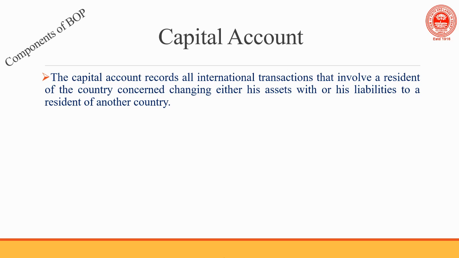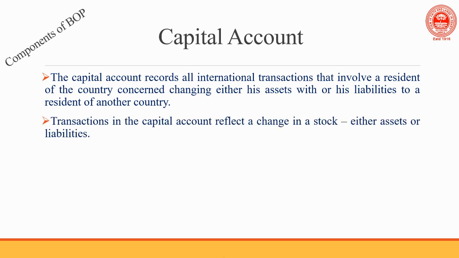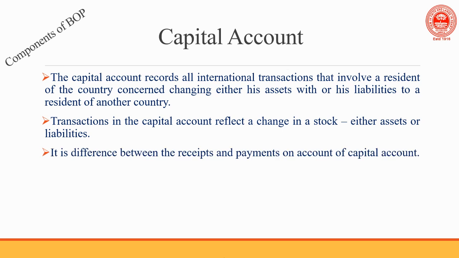That is basically the transactions in the capital account, they reflect a change in stock, that is either a change in assets or in liabilities. And it is precisely the difference between the receipts and payments on account of capital account. And it refers to all the financial transactions.